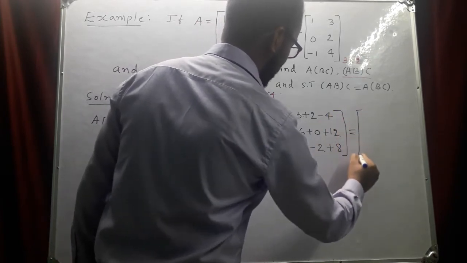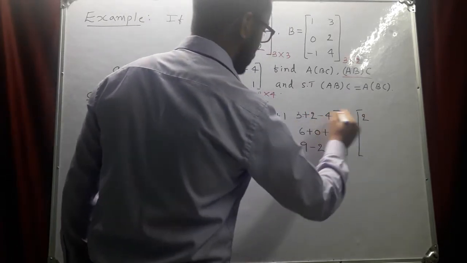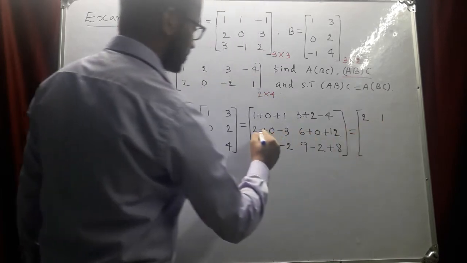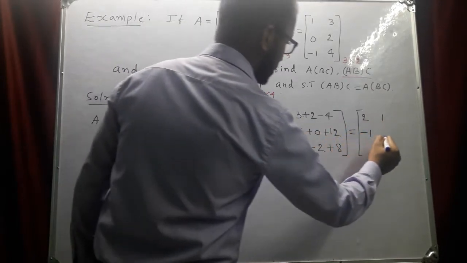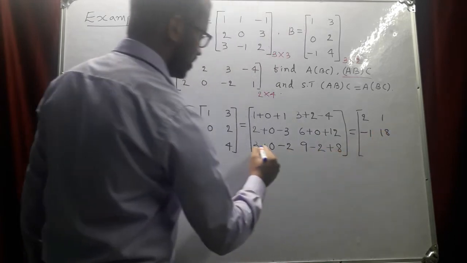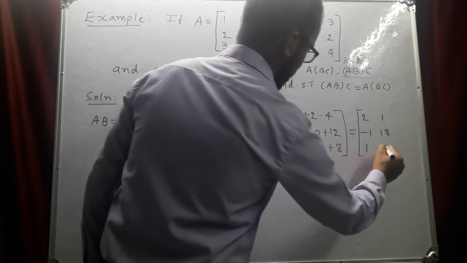So if you simplify, what will we get? 2, 1, minus 1, 18, 1, 15.